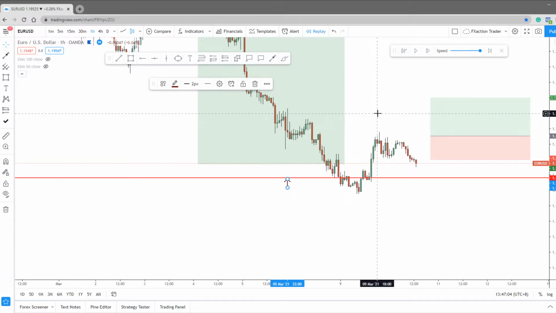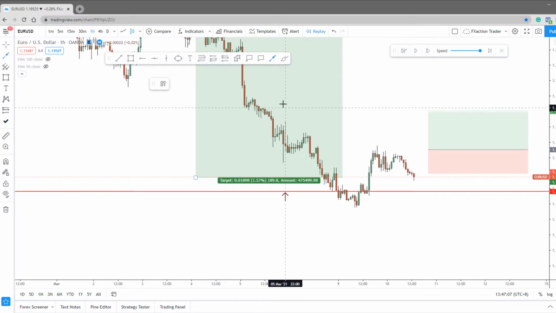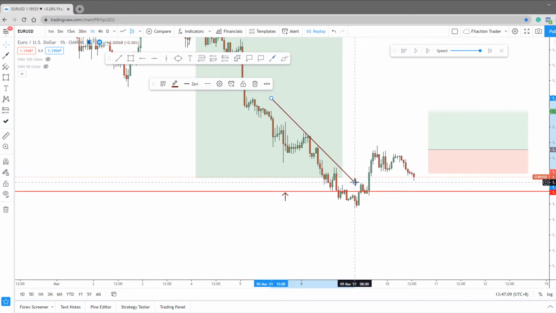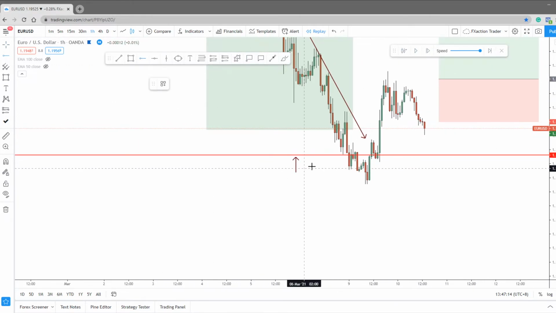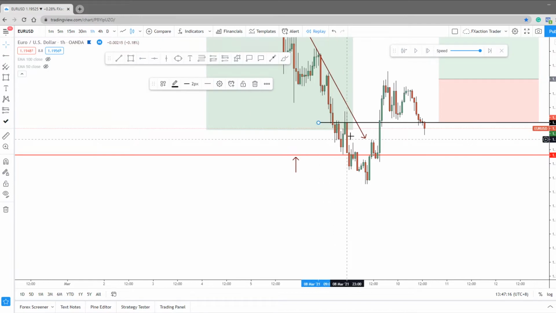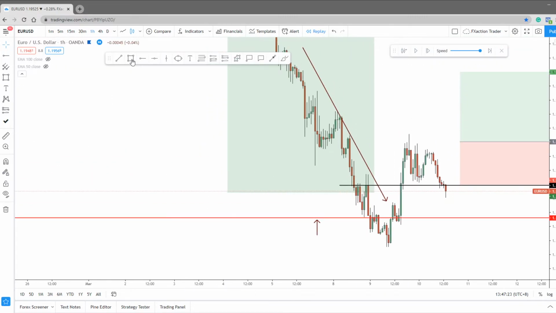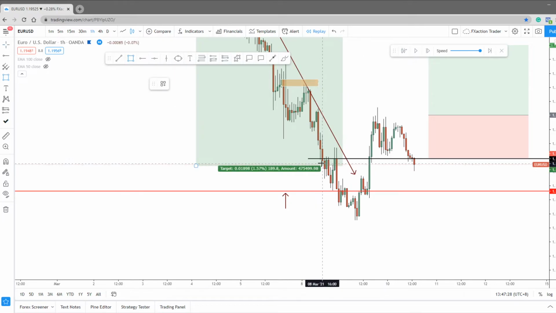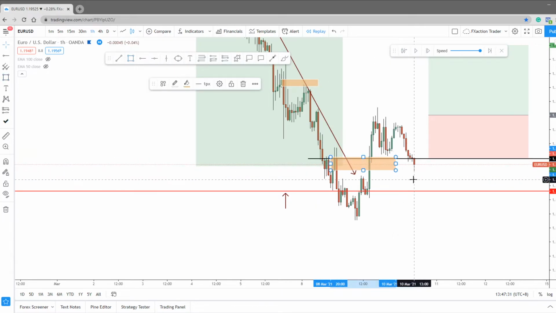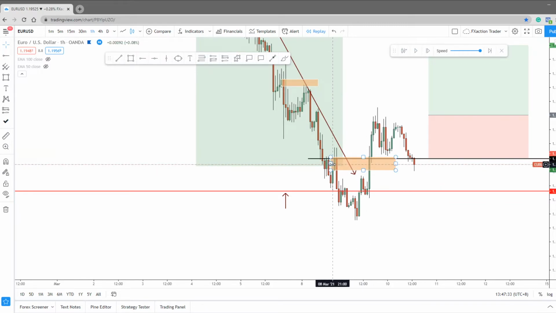And if we notice on the H1 chart, market is in a very clear downtrend, but in order for market to continue the downtrend movement, market will need to respect this lower high level, meaning that if market is going to continue the downtrend movement, market needs to respect all the lower high levels. But here, we can see that market violated the lower high level and broke up this level with a very strong bullish momentum.